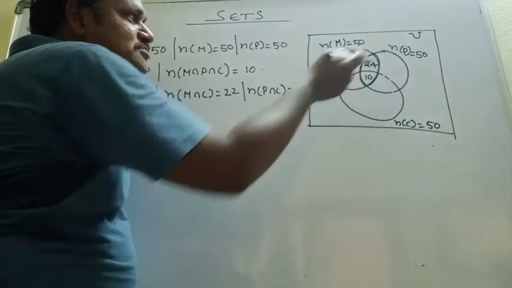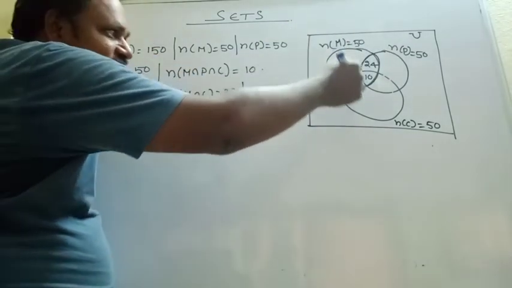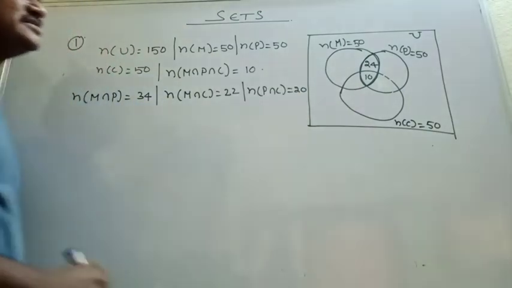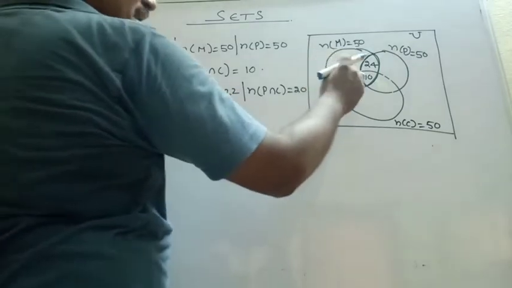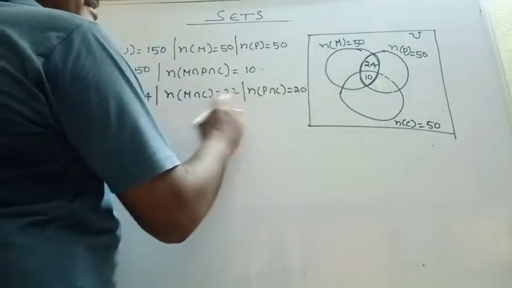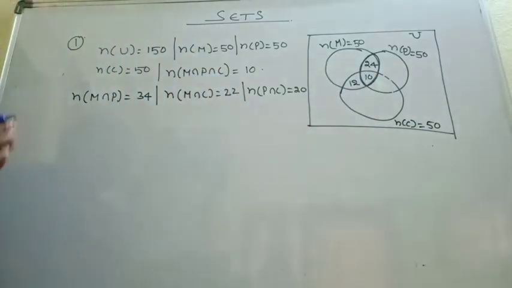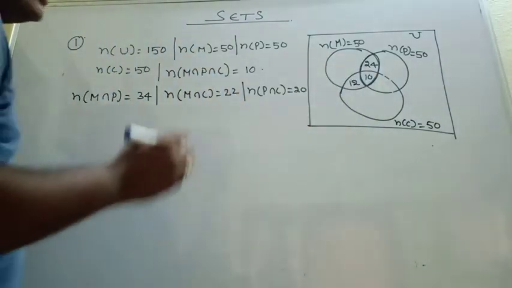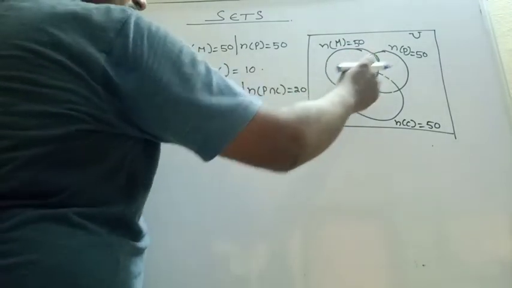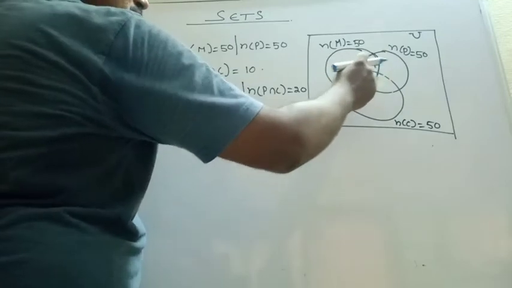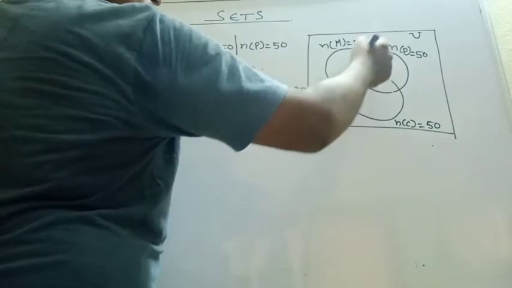Therefore this 10 plus 24 gives you M intersection P, who study maths and physics, as 34.